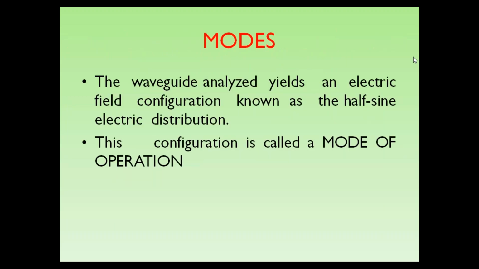Yes. So next there are modes of operation. The waveguide always yields an electric field configuration called half sine electric distribution, which we call a mode of operation. There are different modes exhibited by each and every electromagnetic wave.